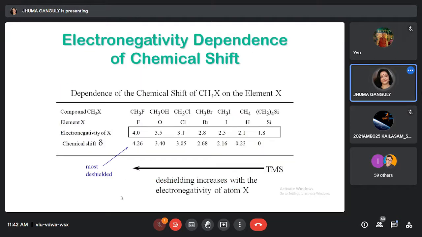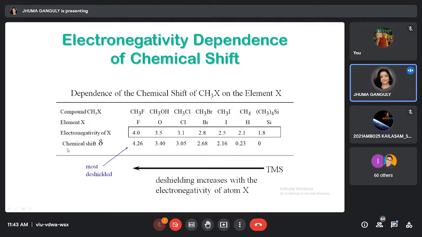A little bit, maybe. Suppose here I am giving one example. Suppose you have the compound CH3X. I just change the X: F, O, Cl, Br, I. Then the electronegativity of X, I write down 4.0, then 3.5, 3.1, and so on.